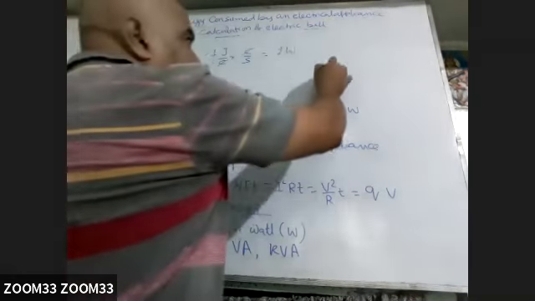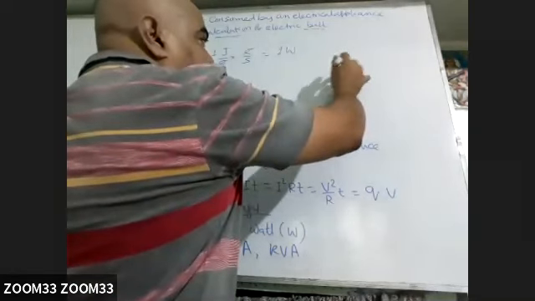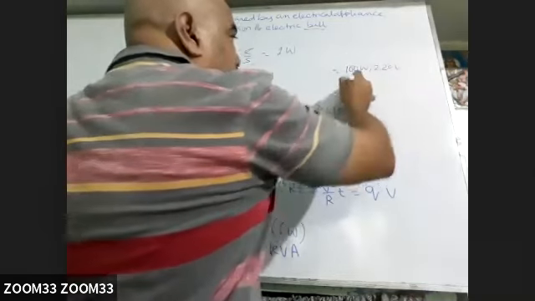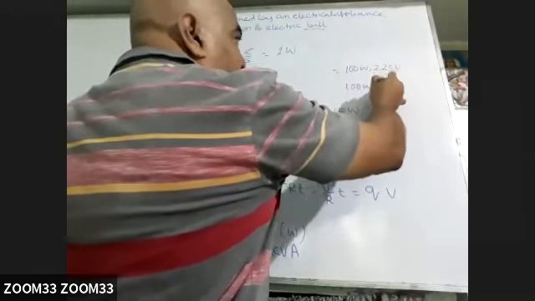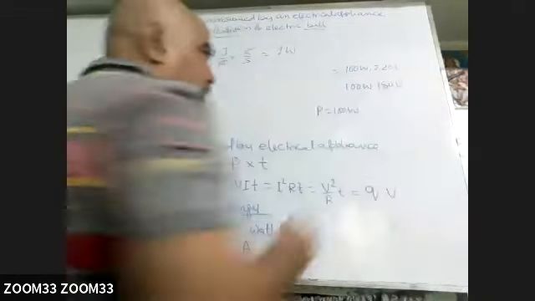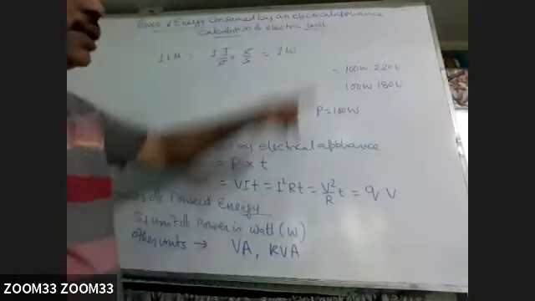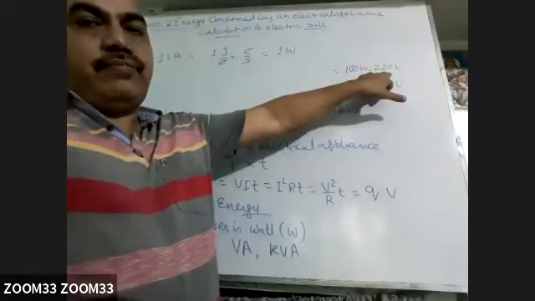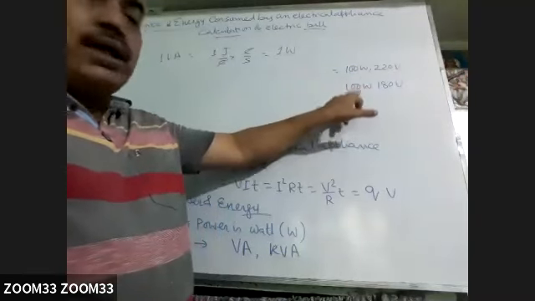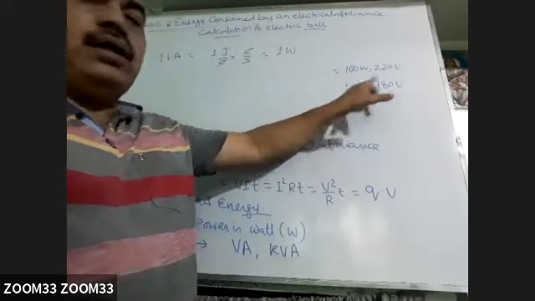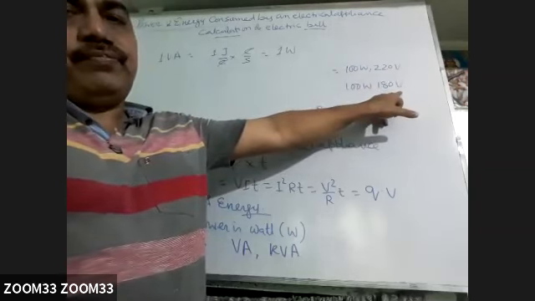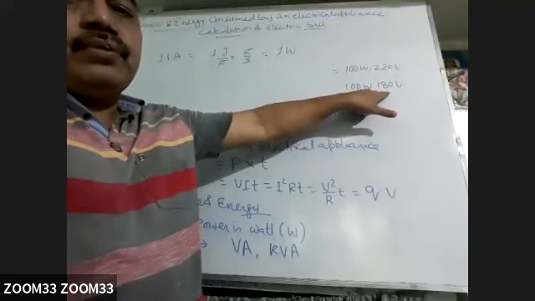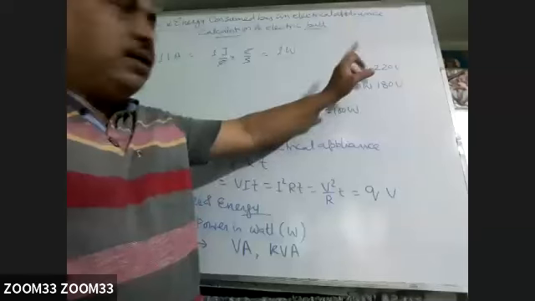Suppose one bulb is marked 100 watt 220 volt. Another bulb is marked 100 watt 180 volt. The first will consume 100 joule energy in 1 second when connected to its source, whereas the second bulb will consume 100 joule energy in 1 second when connected to its own source. Now, if this bulb is connected to the other source, what will happen? Its power will be different. It will not consume 100 watt.